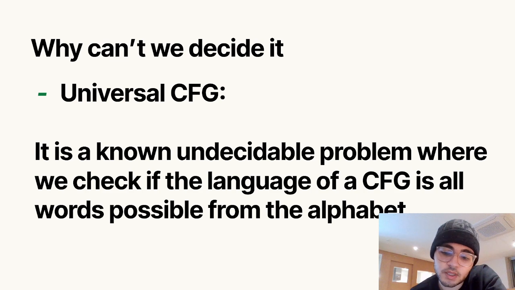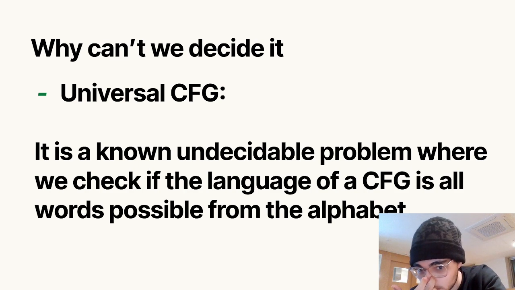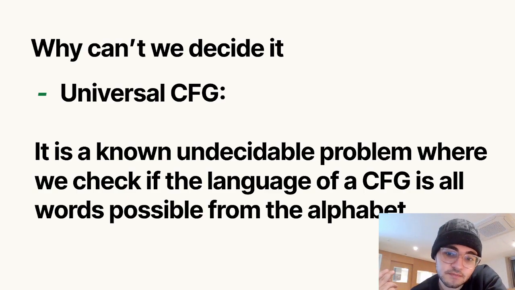So why can't we decide it? Let's talk about another CFG which is important for this discussion, called the universal CFG. By the way, CFG stands for context-free grammar. I just say it because it's shorter. A universal CFG is a CFG whose language is all possible words.